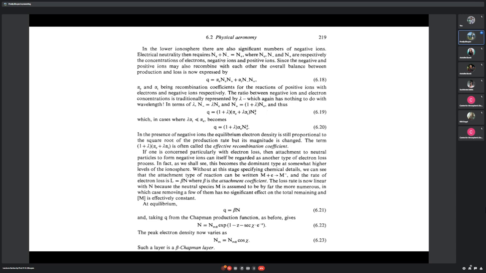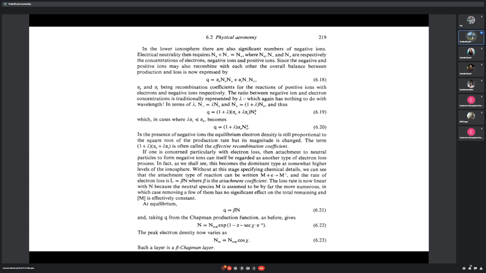Now, again, if we talk about beta, if you remember, M plus E becomes M minus. That means the electron attaches with a neutral atom and makes the neutral atom negative. Earlier we have seen it is X plus E is equal to X minus.